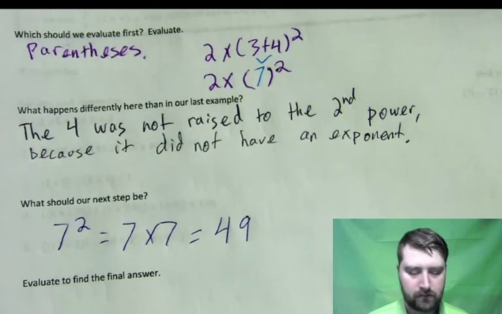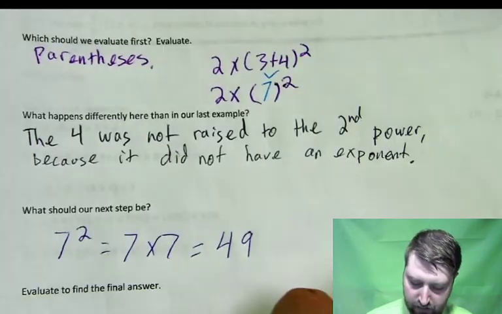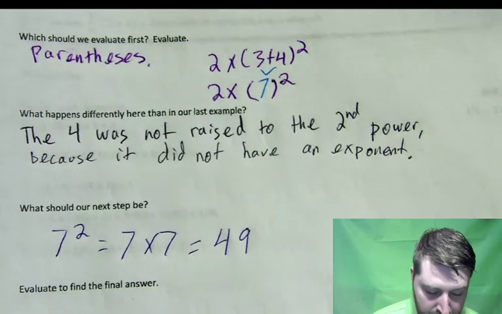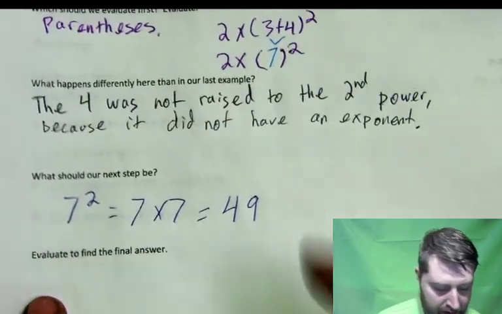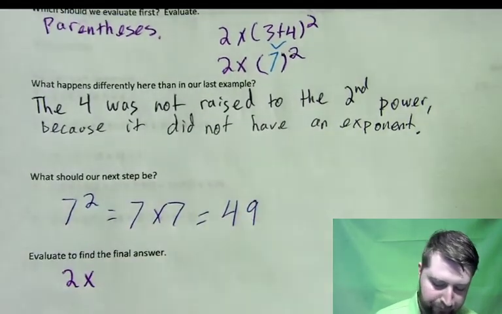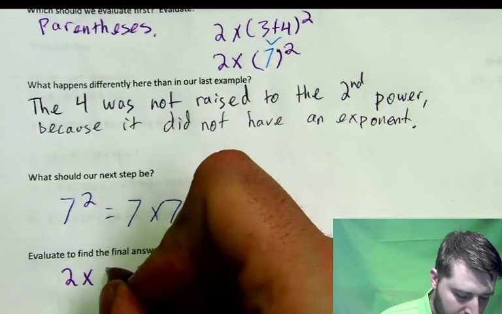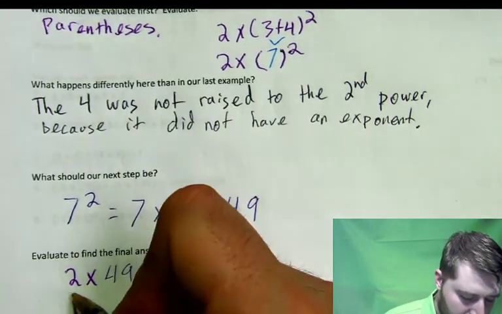So if we rewrite our expression, we now have 2 times 49, and 2 times 49 is 98.